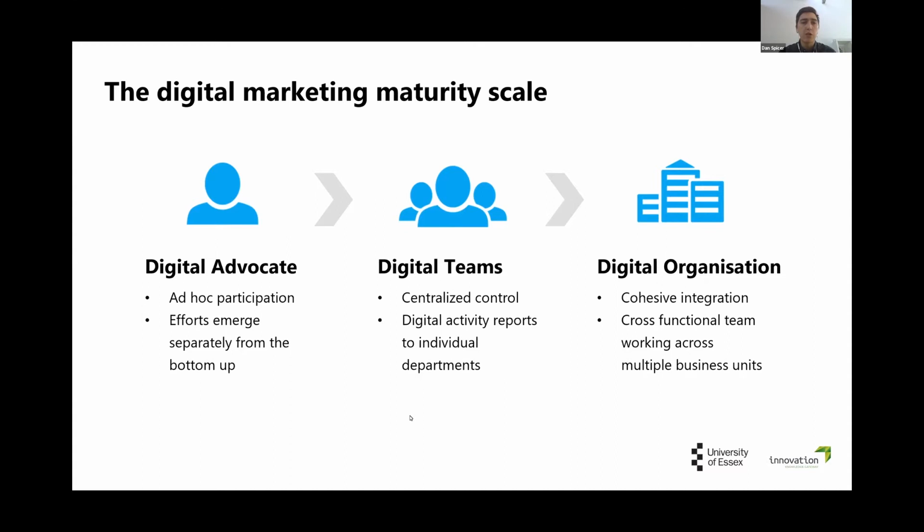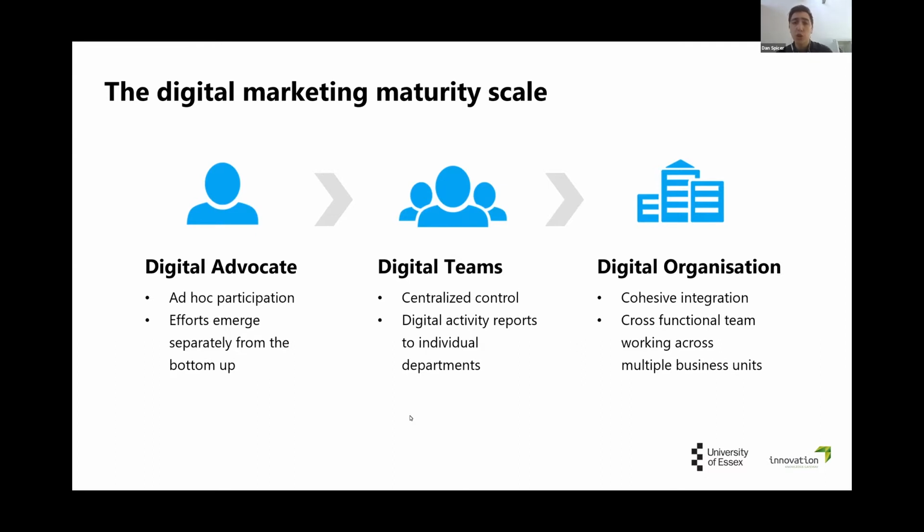That's often where you'll have a digital advocate within the business. It's often a founder or one of the senior founding members of the company who is responsible for looking at digital marketing and using digital to drive sales, and some of those key growth areas that you can drive using digital channels.